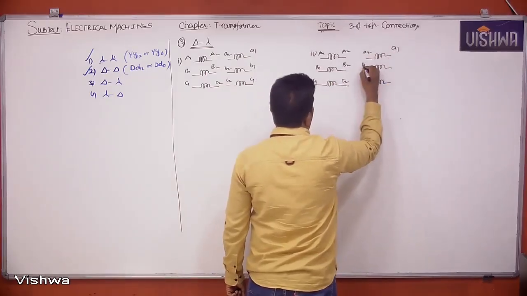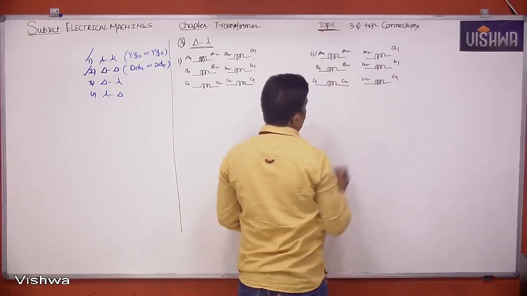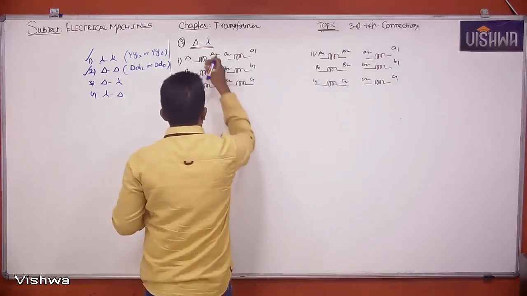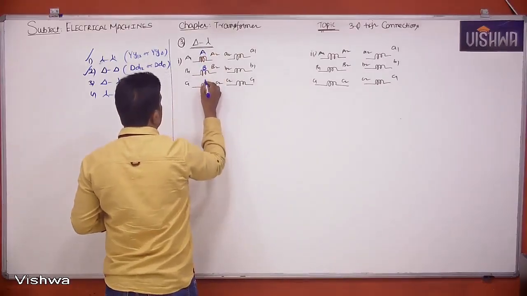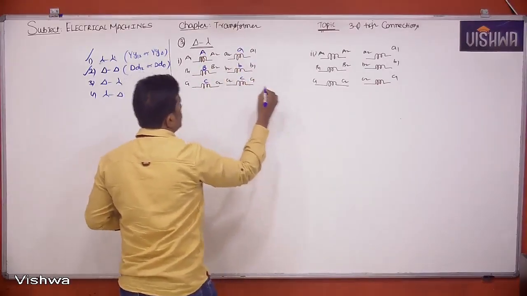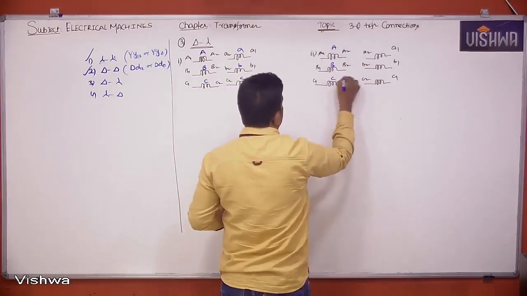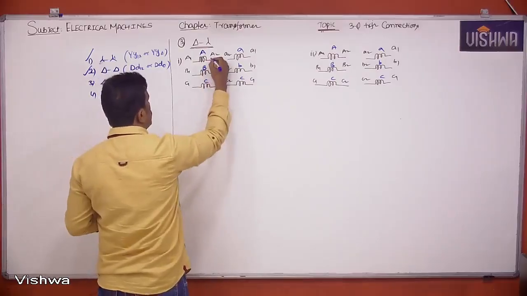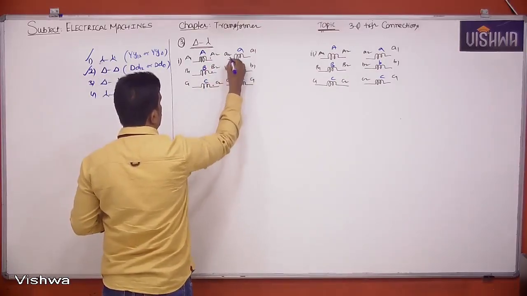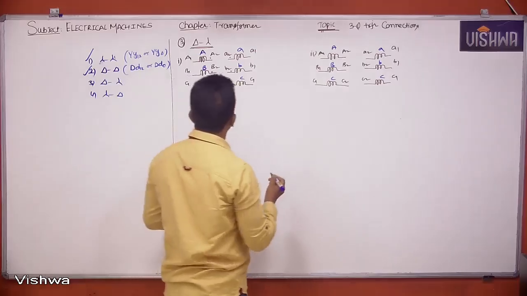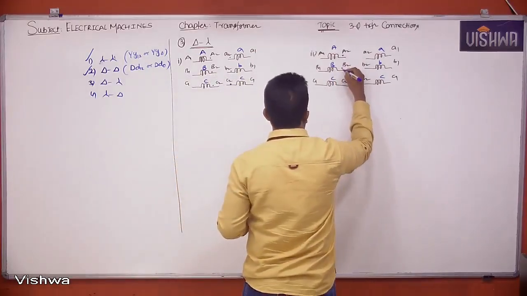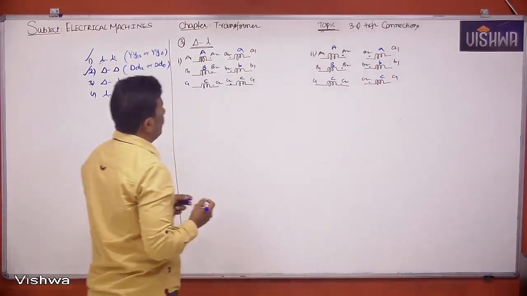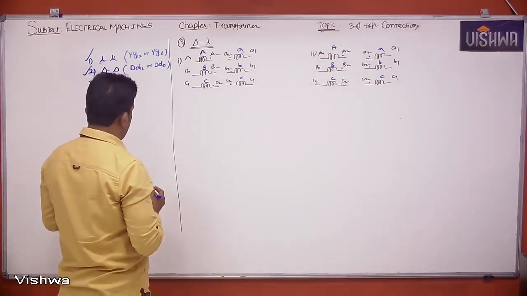The A1, A2 vector represents capital A, here B, capital C, small a, small b, small c. I told you the suffix 2 terminals are marked with dots.